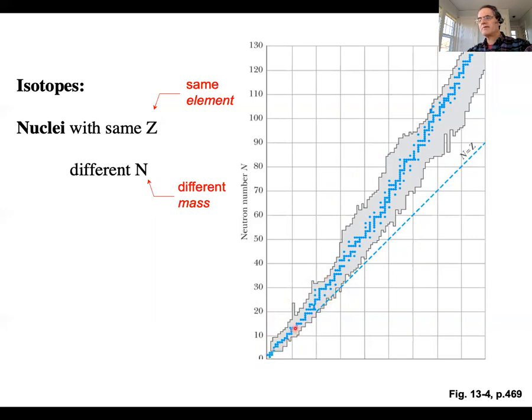The stable elements are close to this dashed line where N equals Z. But it's interesting to see that for heavier nuclei, the chart deviates from this line. Heavy nuclei are always neutron rich.